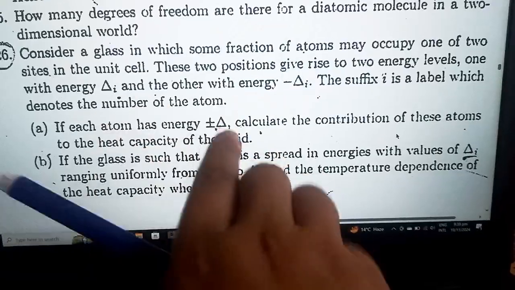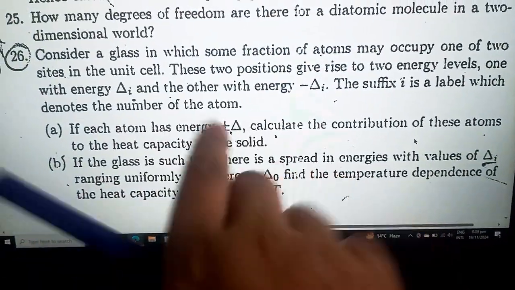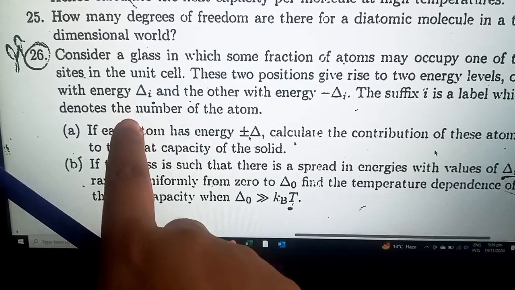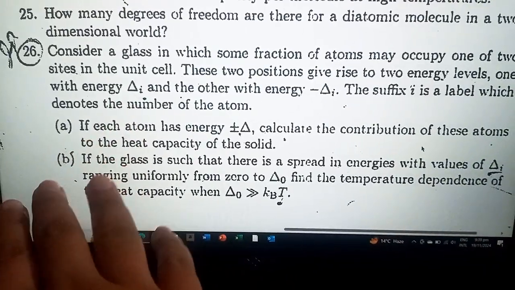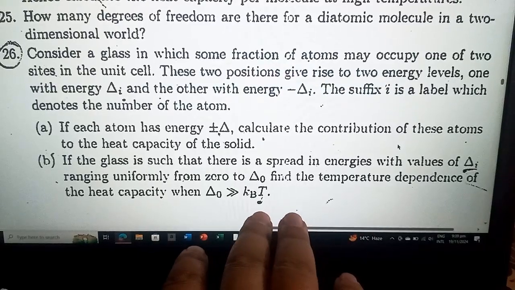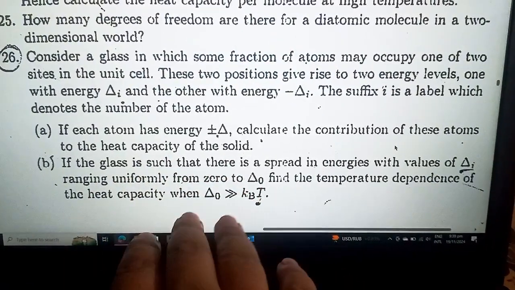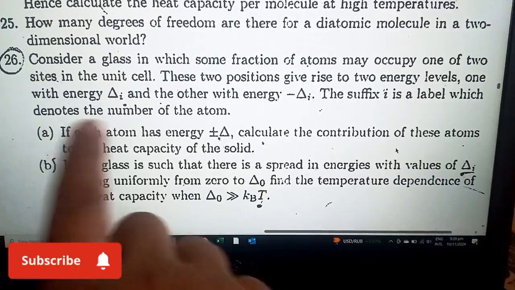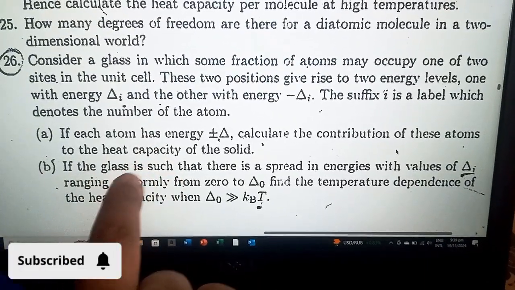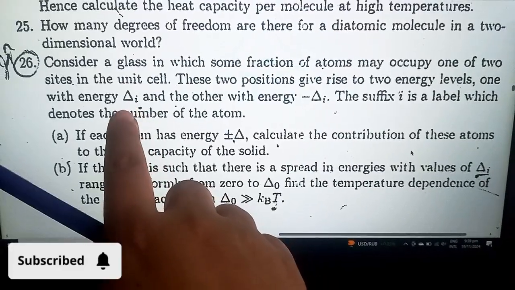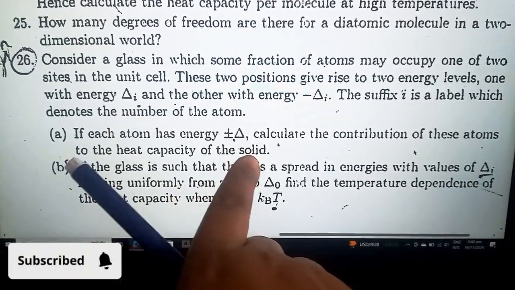They have just defined a situation for us, and they have used some unusual symbol here to make us confused, but the problem is similar to a two-level system. In a two-level system we were considering only one atom that could have two possible energies, one is E and the other is minus E, and they have just used a different symbol to represent energies.